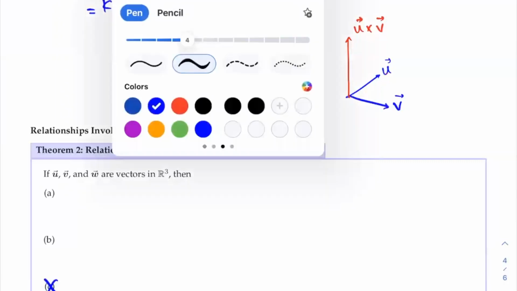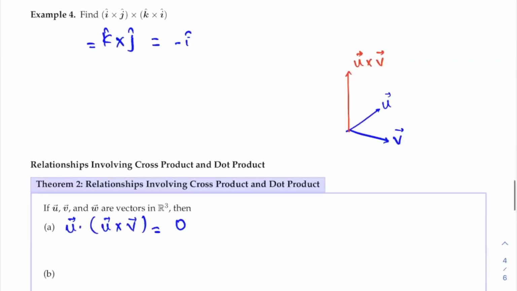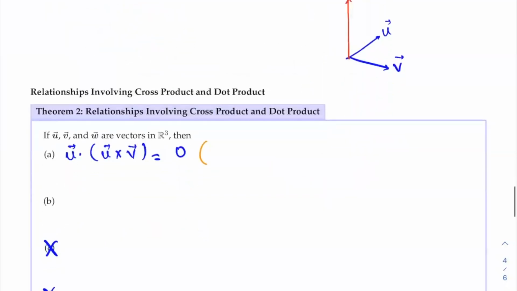So therefore, when you do the calculations, the dot product of u dot with u crosses with v is going to be equal to the scalar value 0, because it's the dot product. So here again, u crosses with v will give you a new vector, and this new vector is perpendicular to both u and v. So u dot with u crosses with v is equal to 0, because u crosses with v is perpendicular to u.